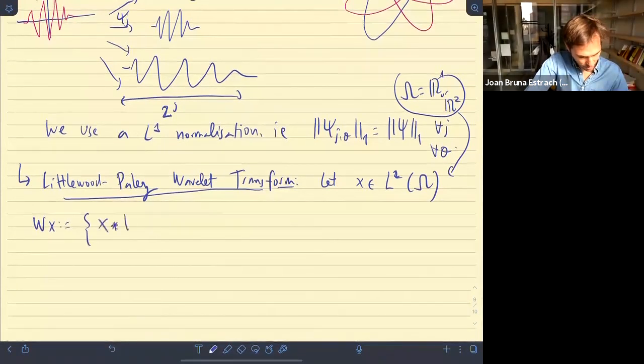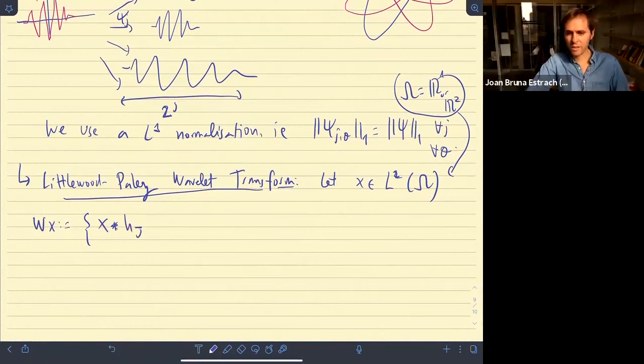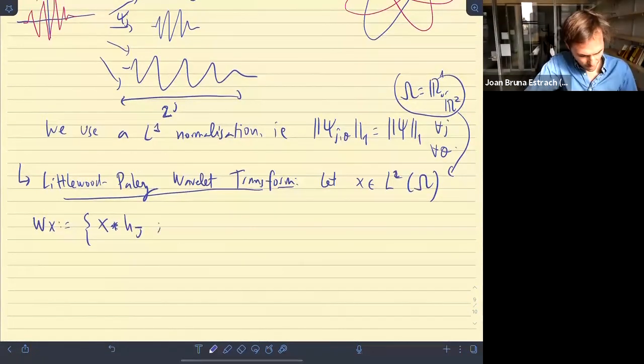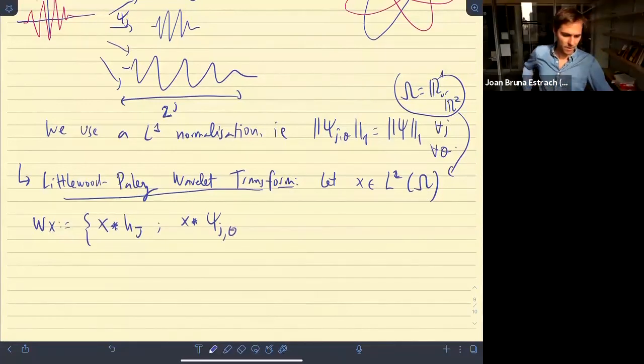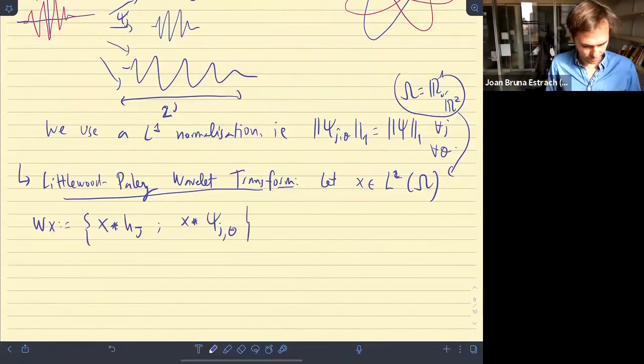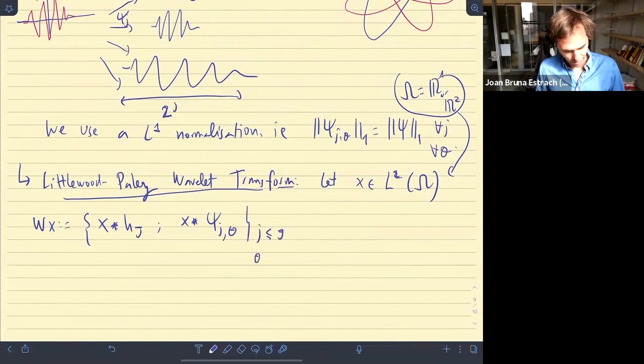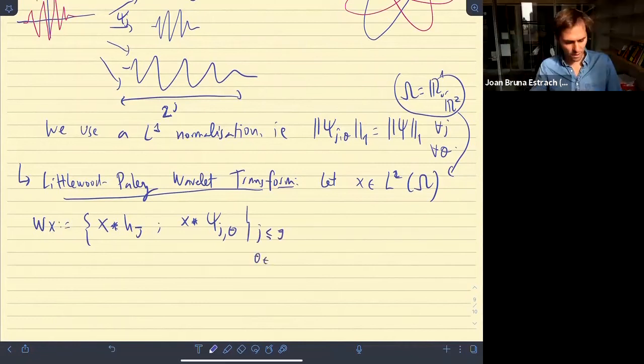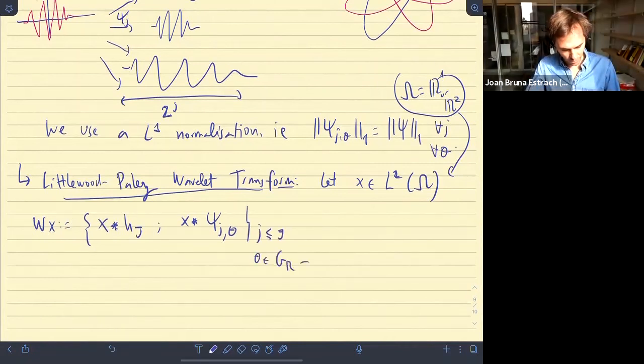First, I compute the low pass filter at scale j, and then I complement it with the wavelet filters, at any possible scale and orientation. So, sorry, the scales that are at most j, and the orientations that are in some kind of a discrete rotation. Right?